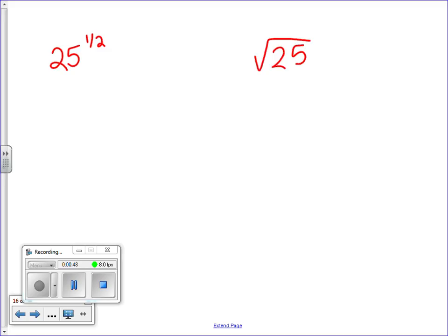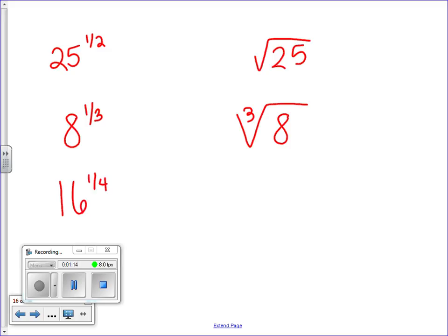Then 8 to the 1/3 power and the cube root of 8. Then 16 to the 1/4 power and the 4th root of 16. Go to math.